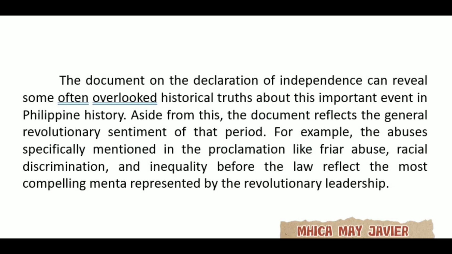The document on the Declaration of Independence can reveal some often overlooked historical truths about this important event in Philippine history. Aside from this, the document reflects the general revolutionary sentiment of that period.